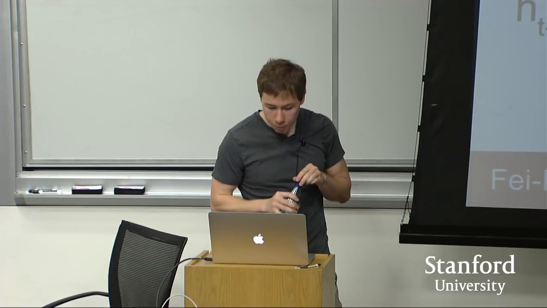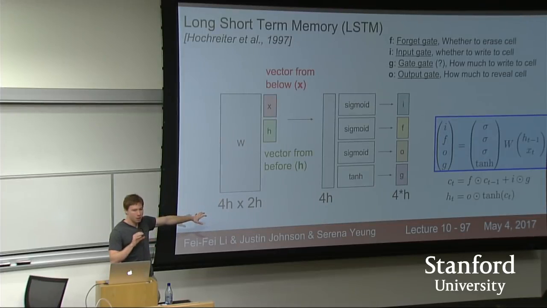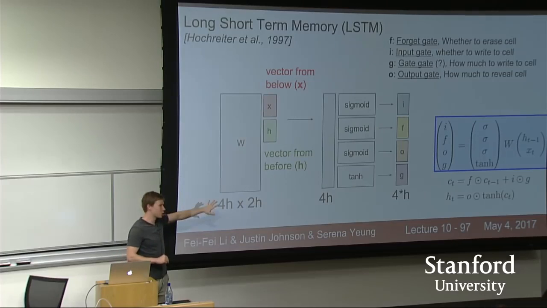Question? So they're coming from different parts of this weight matrix. If our x and our h all have dimension h, then after we stack them, there'll be a vector of size 2h. And now our weight matrix will be a matrix of size 4h times 2h.